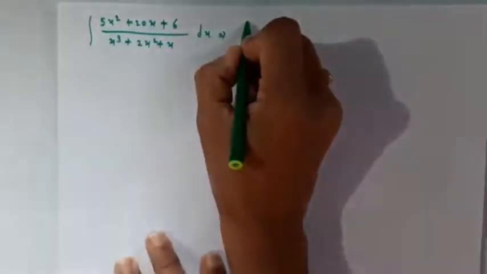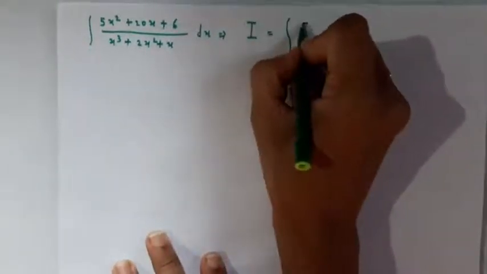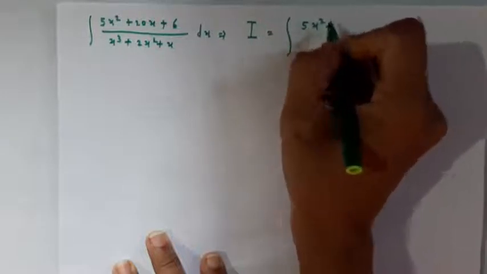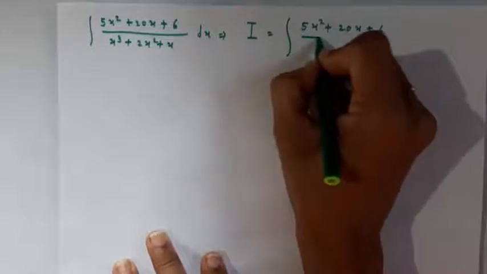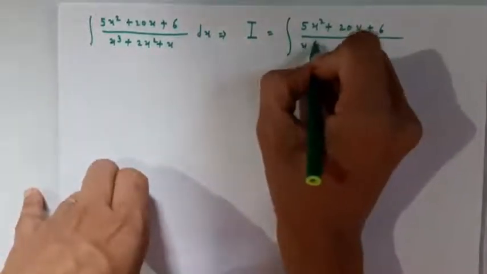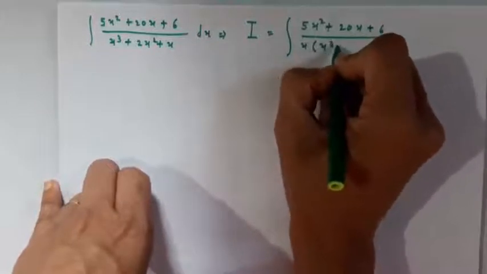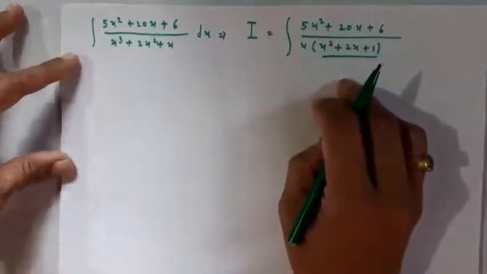Now let I be the integration, that is equal to 5x square plus 20x plus 6 upon, taking x common out of the denominator, we get x square plus 2x plus 1, and this is x plus 1 whole square.